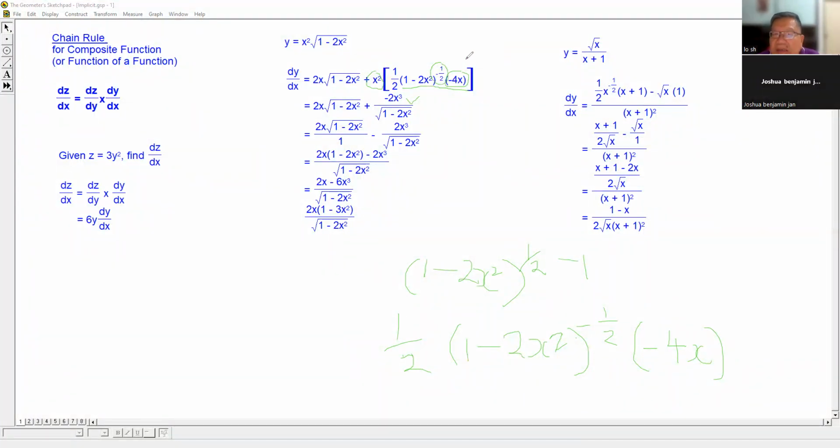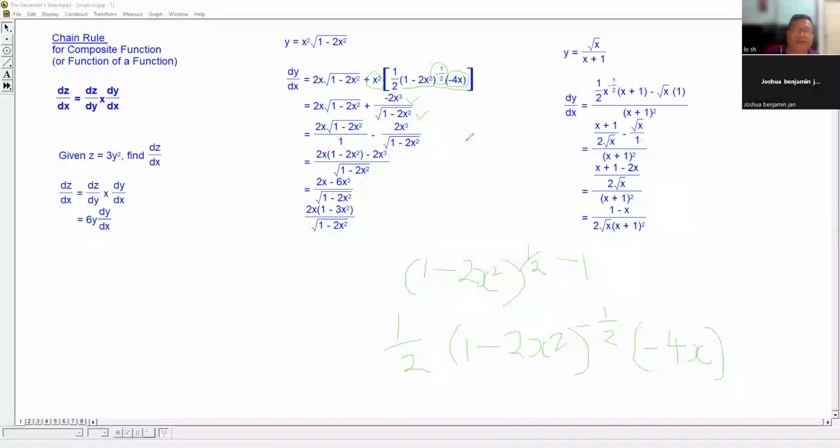They are actually at the denominator. So it's actually 1 minus 2x squared at the denominator. The negative shows that they are at the denominator. Power of half is square root.